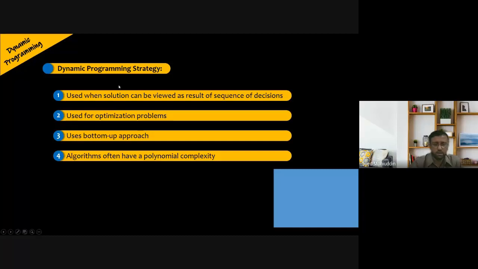Just to brush up, the dynamic programming strategy uses solutions which are viewed as the result of a sequence of decisions, and this strategy is used to solve optimization problems, whether maximization or minimization. This strategy uses a bottom-up approach, and the algorithms will have polynomial time complexity.